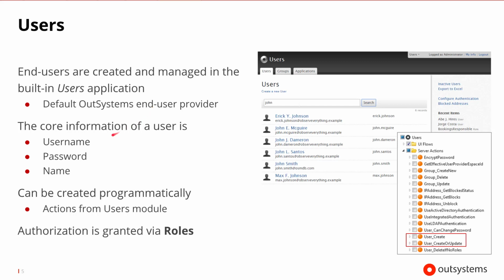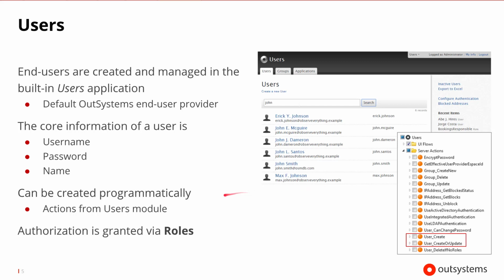So we'll be able to create users, and in this particular case, we would need the username and the password for the different types of users and their actual name. So here you can see the user's application, and the user application allows us to create new users and search over existing users. So at any point, we would be able to create a new one of these users by just simply defining the basic information that we need.